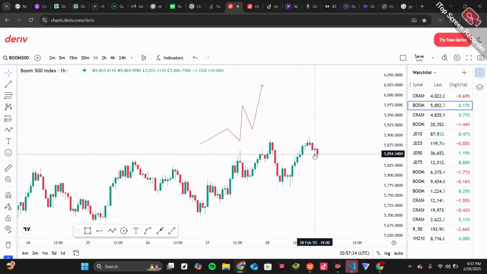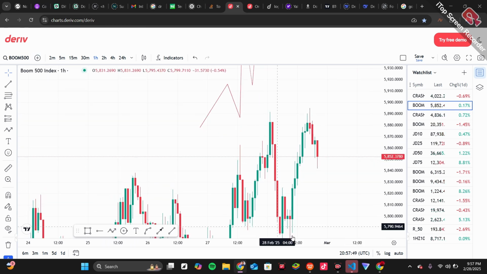Now the movement of this asset is quite different from the movement of the volatility indices, because price movement in this asset is by spiking. Either it spikes up or it spikes down. So the one that spikes down is the crash, while the one that spikes up is the boom.